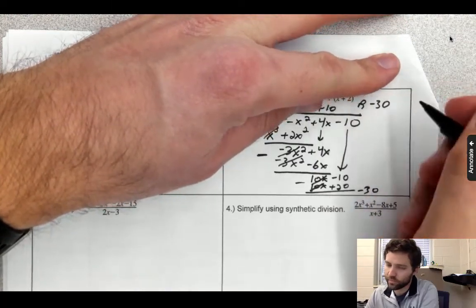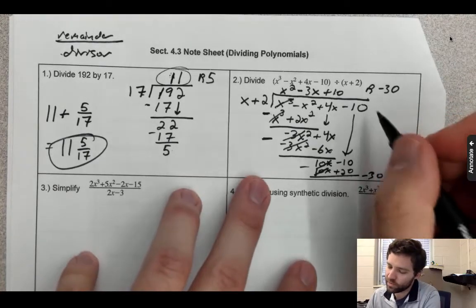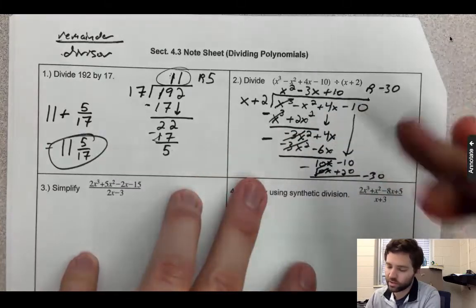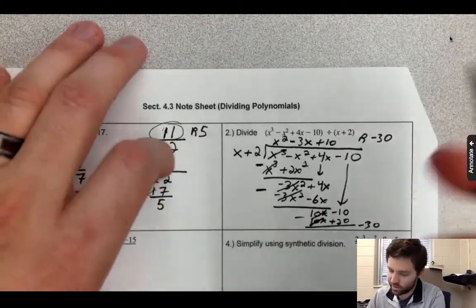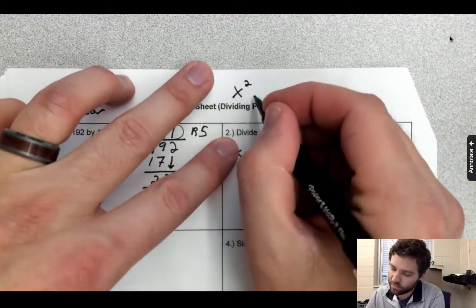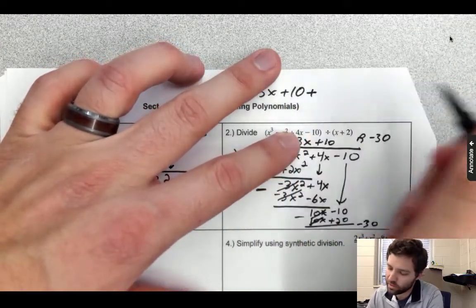Okay, but my answer is going to be written in this form that I did over here, remainder over divisor. So my final answer, I don't have room to write it very nicely in the box. I apologize for that. I should have planned better. But my answer is going to be x squared minus 3x plus 10 plus remainder over divisor.